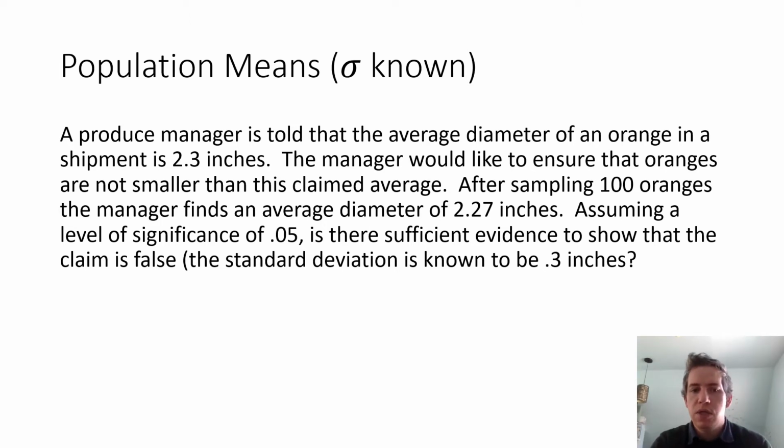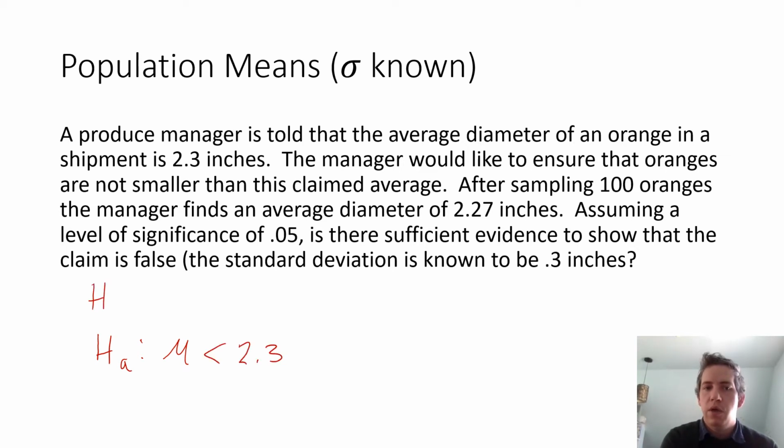So here's the idea when it comes down to actually trying to test this. We are given the 2.3 inches, and we want to check to see whether or not it's really less than 2.3 inches. So what we're testing is our alternative hypothesis, essentially, that the mean is less than 2.3 inches.